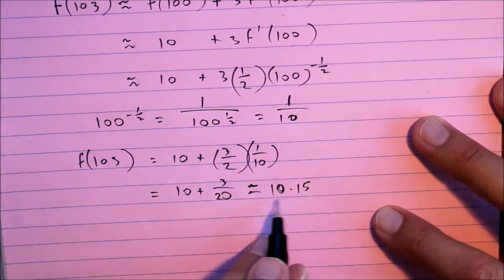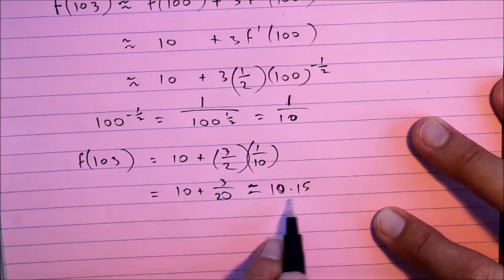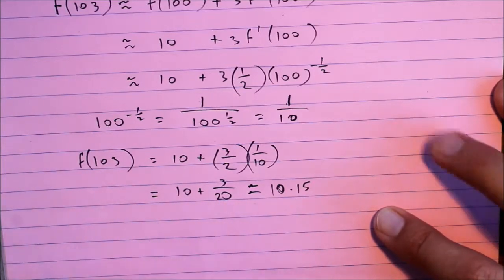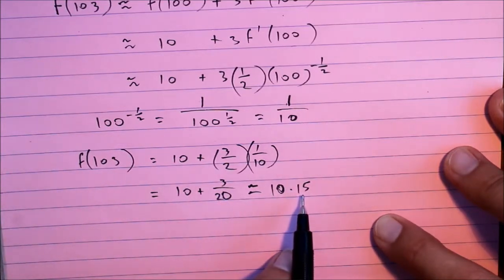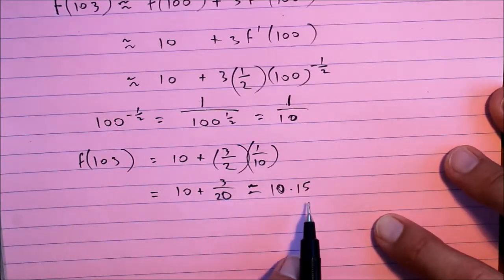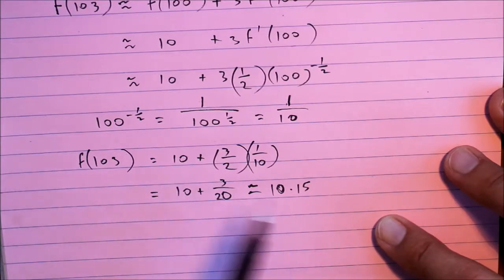I guessed 10.15. So that's actually what it turned out to be. So I was fairly lucky to be able to take a good numerical guess as to what the square root of 103 is.